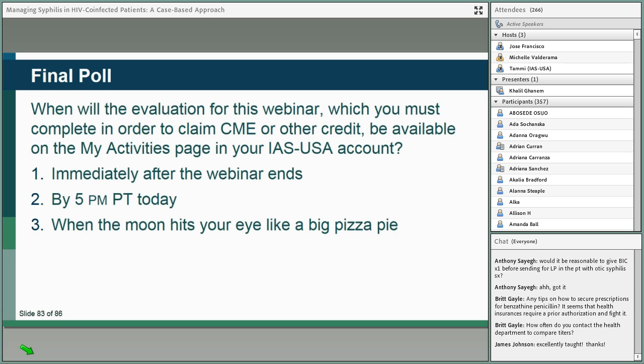If RJ was consistently following up with me and if he was asymptomatic, then I probably would still follow him. On the other hand, if RJ was being inconsistent in his follow-ups and I wasn't seeing him frequently and I was worried, then I would send him for a CSF examination just to make sure he doesn't have underlying asymptomatic neurosyphilis.